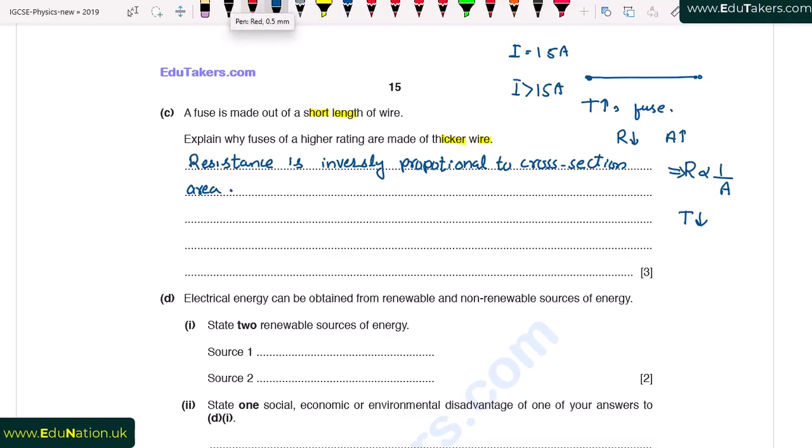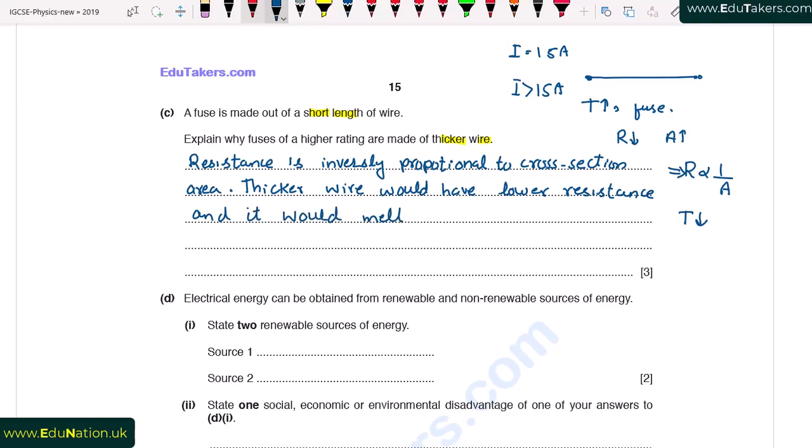Thicker wire would have lower resistance and it would melt at a higher value of current, due to less heating effect.